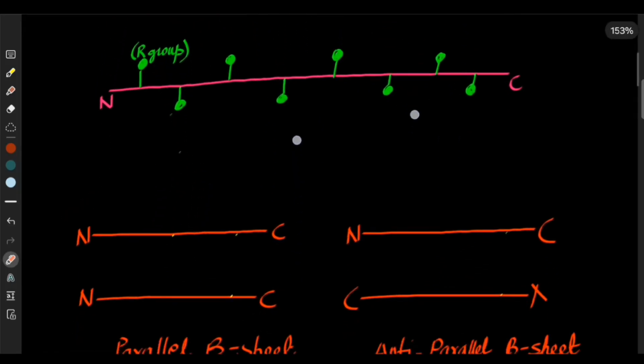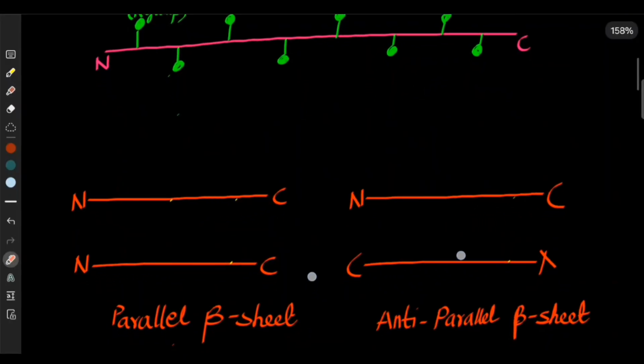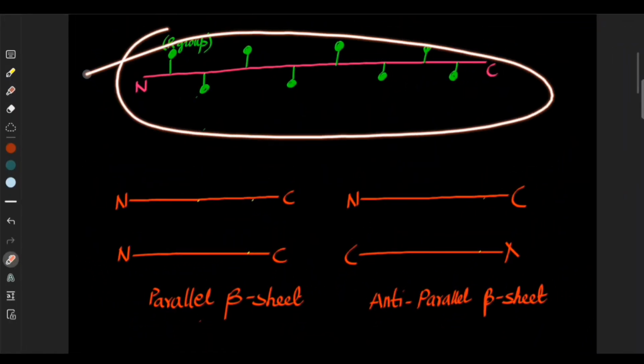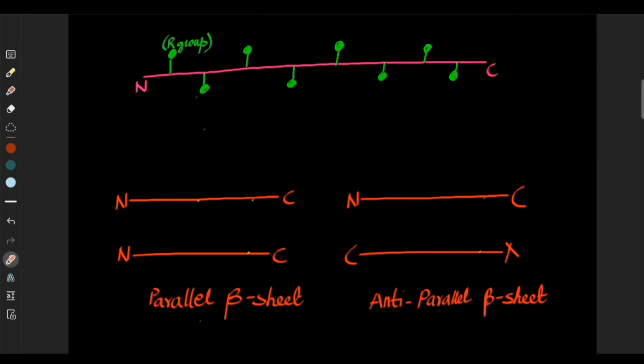Now if you see over here, this is just a beta strand, just one strand that we're talking about. But how is a beta sheet formed? A beta strand is one single strand, and when we take two strands together, they form a beta sheet. As you can see, we have two beta sheets over here, right?